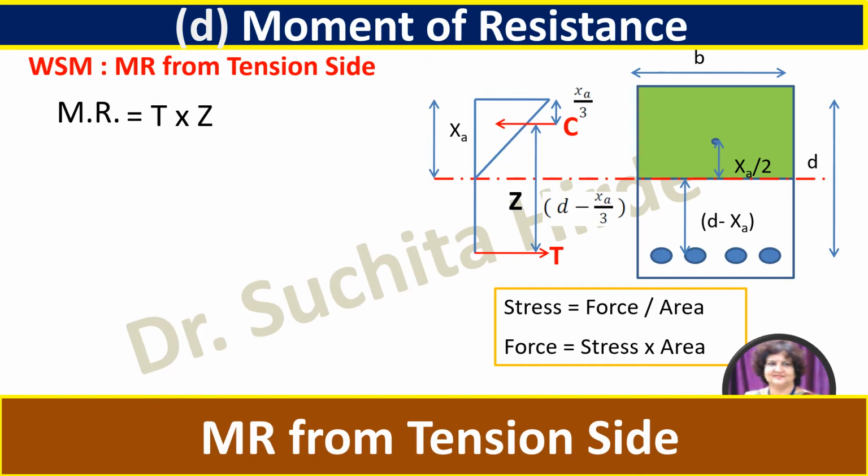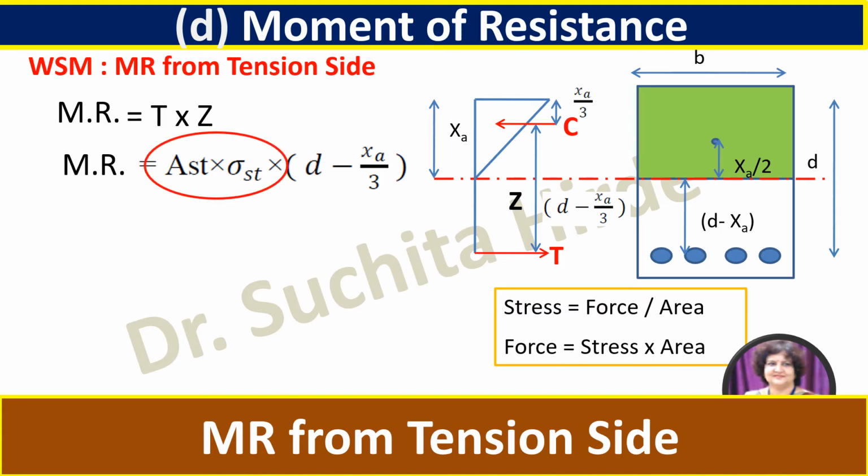So we substitute T, and Z is D minus XA by 3, and we get the moment of resistance: the area into stress, which is the force, multiplied by the lever arm D minus XA by 3. So this is how we calculate moment of resistance using working stress method from tension side. Now we will see how to calculate moment of resistance using limit state method from tension side.